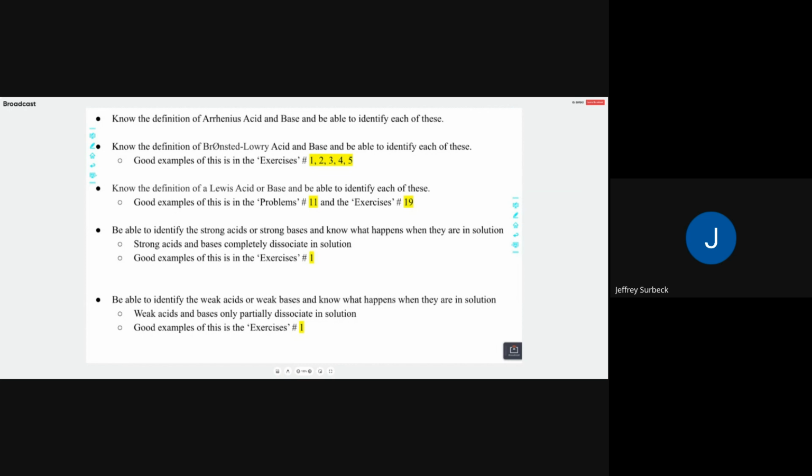All right. Know those, be able to identify those, and then be able to identify strong acids and strong bases.